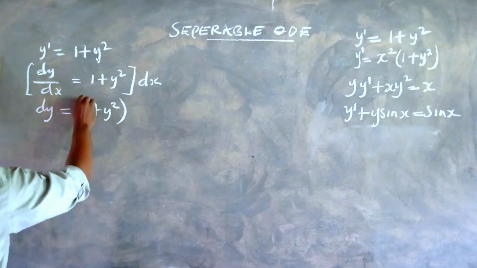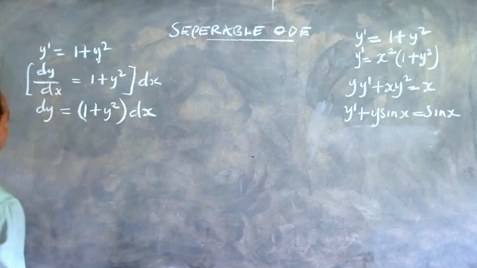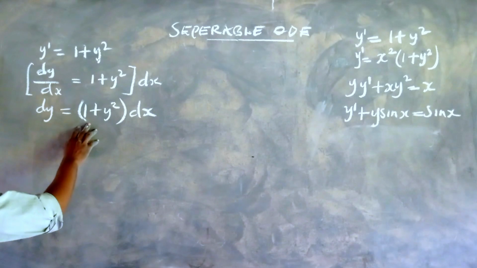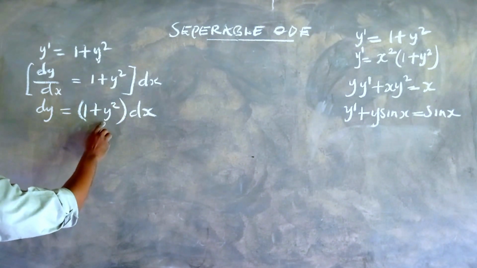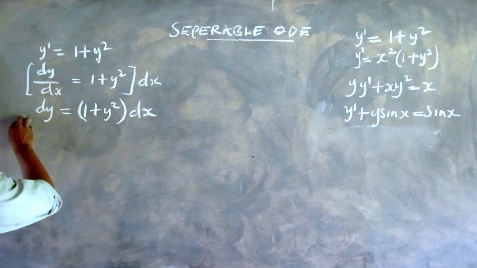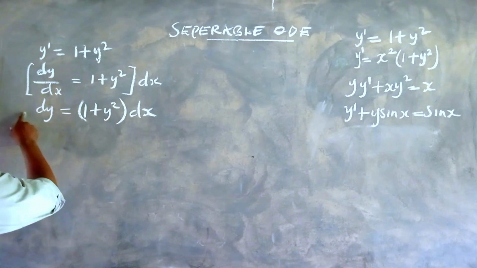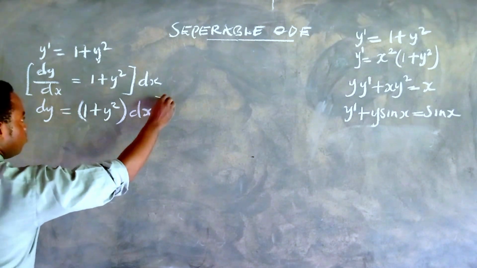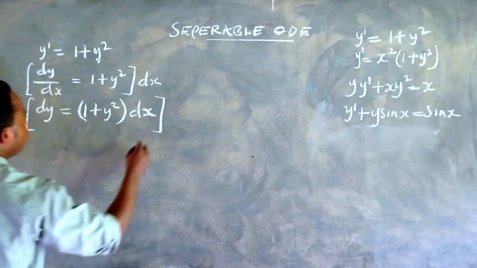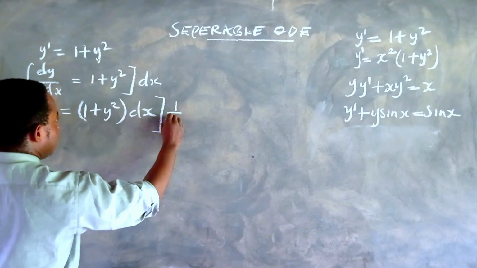So we multiply both sides by dx, and so we have this, right? Now you will notice that we have the y component on the side of the x. So we want it on the side of y so that when we are integrating, the terms would be reasonable, and we'll be able to integrate easily.